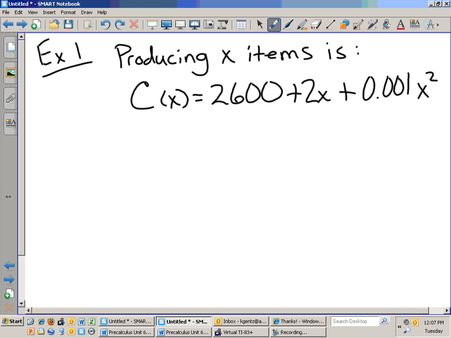Now, the questions are as such, okay? Find the cost, average cost, and marginal cost of producing 1,000, 2,000, and 3,000 items. Now, for example, this is the cost, okay? Let's now look at the other pieces we need. Marginal. And what else? Average.